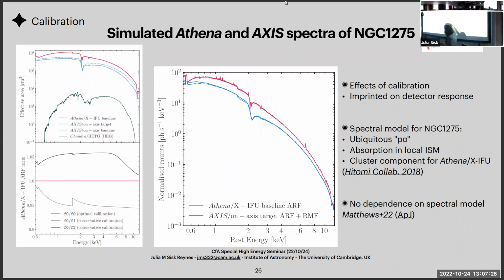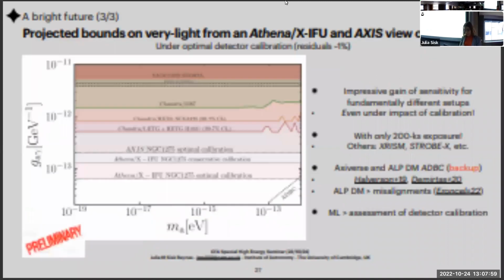And especially with Athena, we have been really trying to see how the effects of calibration will play into this calculation, because as you can see here, the knowledge of calibration might affect the constraints that we would expect. Calibration induces energy-dependent residuals that have to be taken into account when doing this type of axion search.